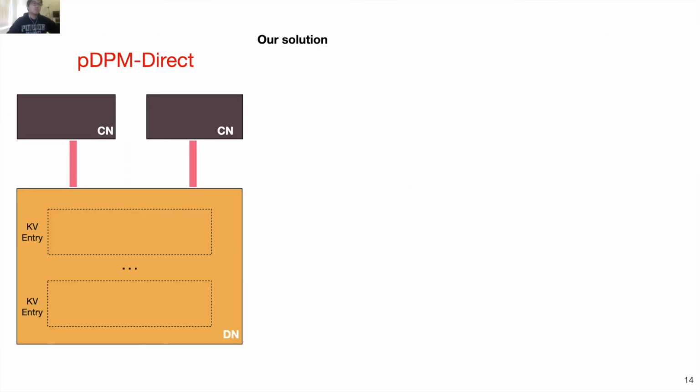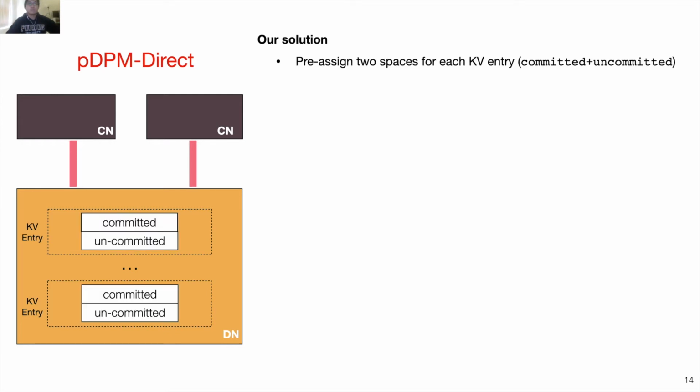Our solution to space management is to pre-assign two spaces for each key entry, one committed space for reads and one uncommitted space for in-flight writes. By pre-assigning static spaces that are accessible by all CNs, we avoid the need to coordinate space allocation and deallocation at runtime.